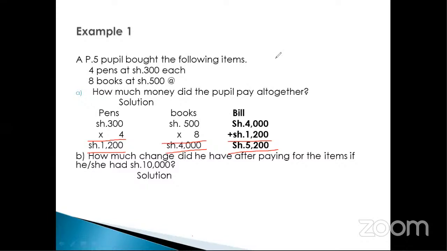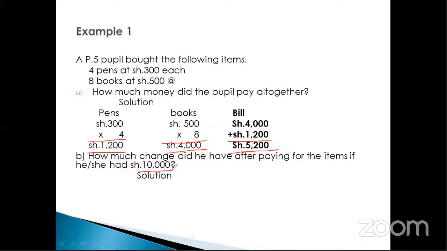When you were going to buy pens and books, you had 10,000 before in your pocket. So for you to know your balance, you find the difference between this 5,200 and this 10,000, and that will give you your change.